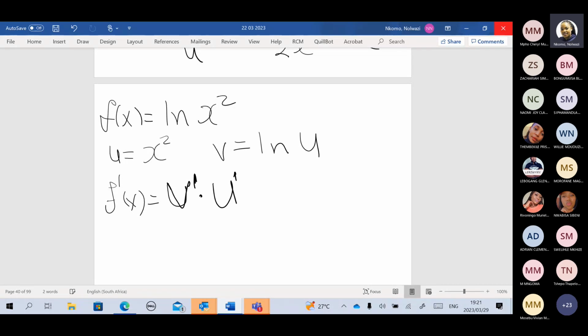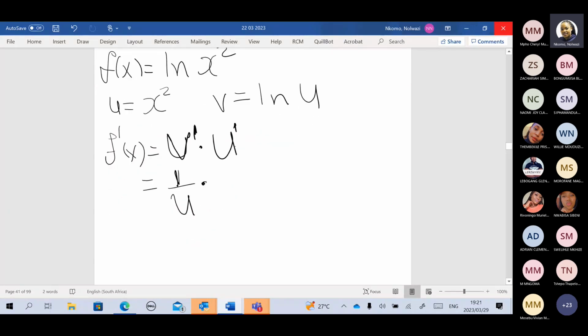The derivative of ln u is 1 over u, times u prime. Since u is x squared, the derivative of x squared is 2x. So we have 2x over u, but u is x squared, so we have 2x over x squared. This x will cancel out with one of the x's here, and we are left with 2 over x.